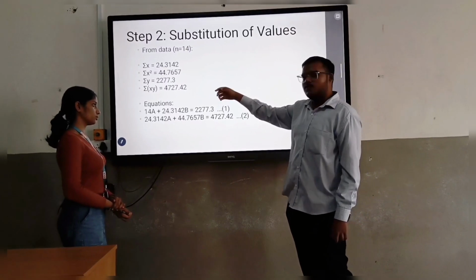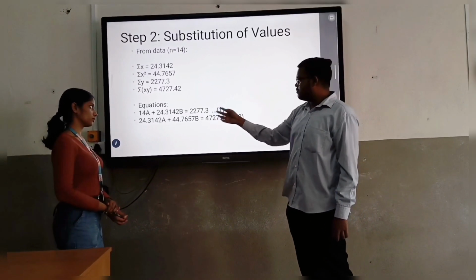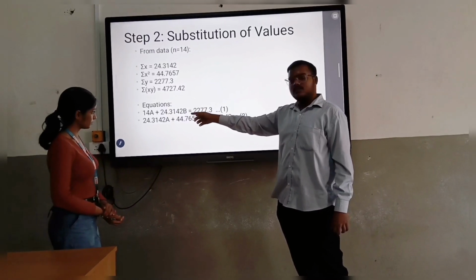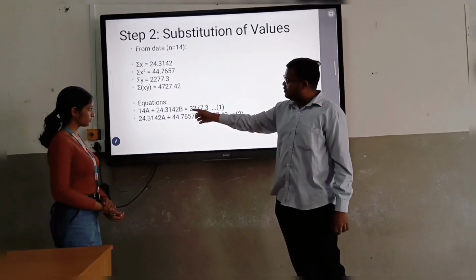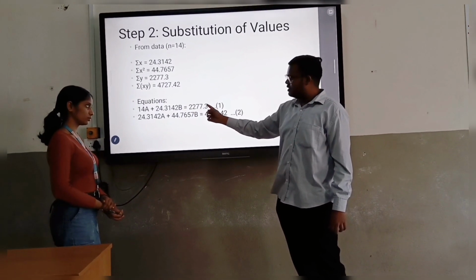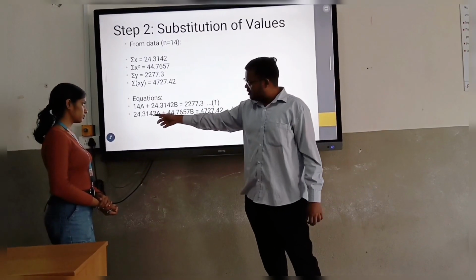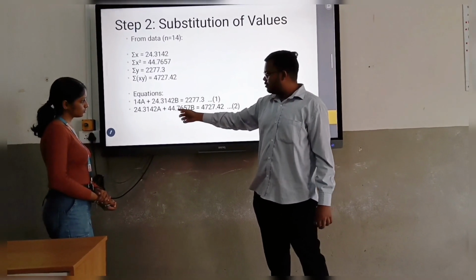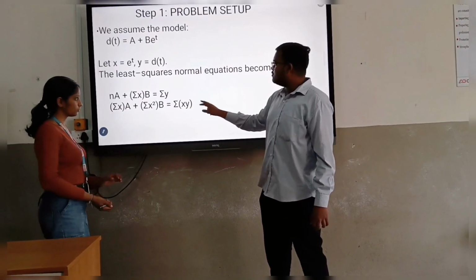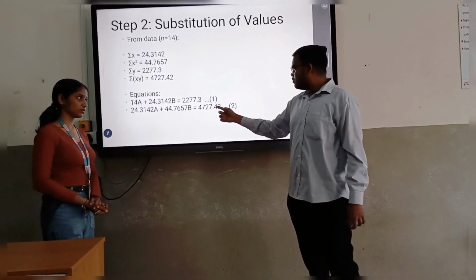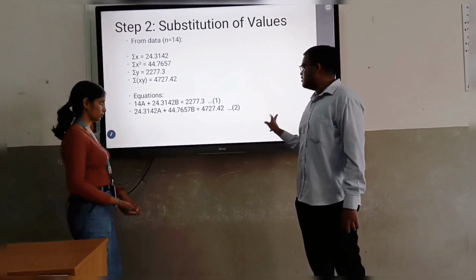Putting these values in the above equations, we get equations 1 and 2: 14a plus 24.31b is equal to 2277.3, that is the first equation, and 24.31a plus 44.76b is equal to 4727.42, that is our second equation.